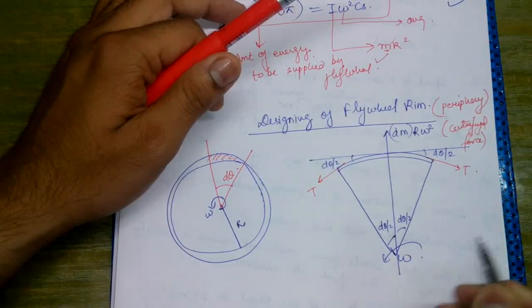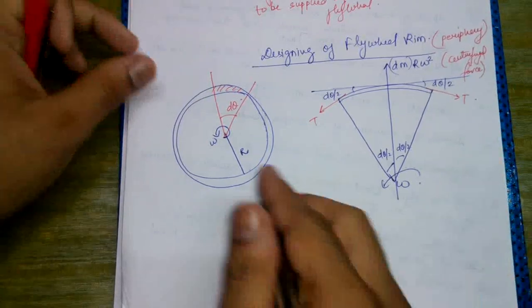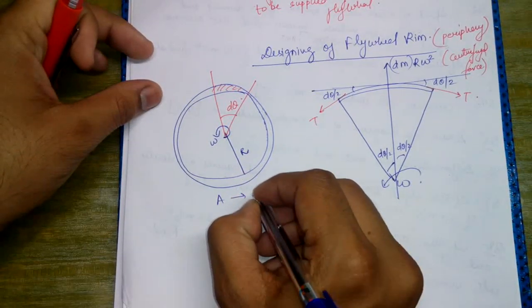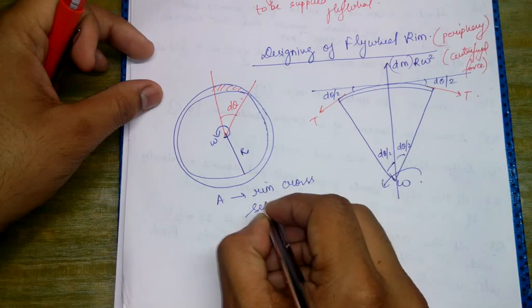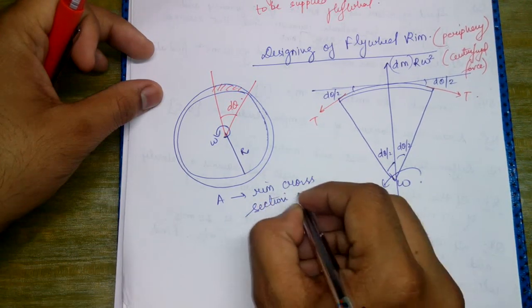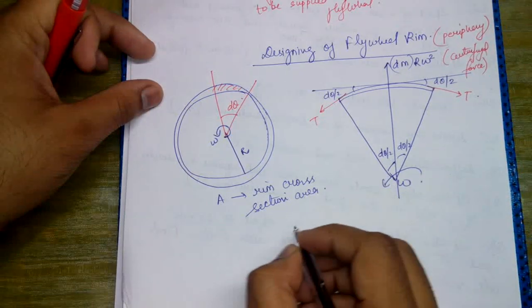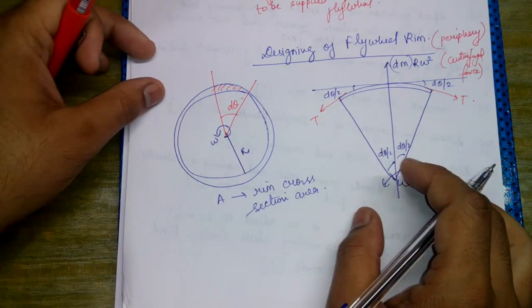Omega is like this. So if we consider A as the rim cross section area, now we will write down the equilibrium equation.